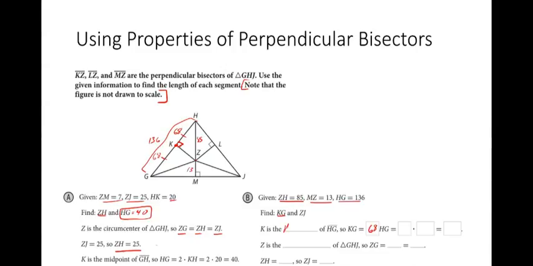Now K is the midpoint of HG, and that's something I had to realize at first. KG equals 68. HG, again, is 136, and basically what I did is I just halved that. So I should have gotten 68, yeah. Now Z is the what of triangle GHJ? Z is the circumcenter of that triangle.